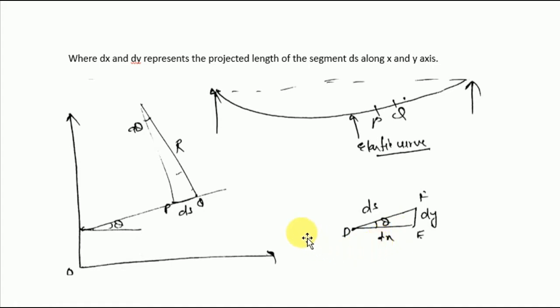By analyzing, we assume that the distance along the arc PQ is ds.